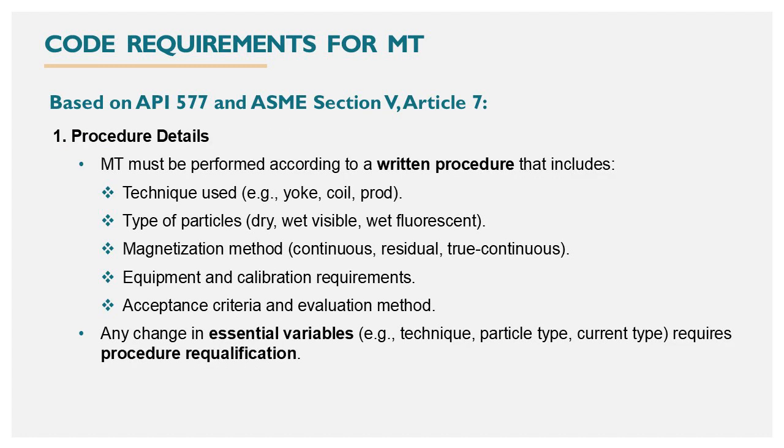Based on API 577 and ASME Section 5, Article 7, here is a very detailed explanation of the code requirements for magnetic particle examination or MT. Number 1 is procedure details.